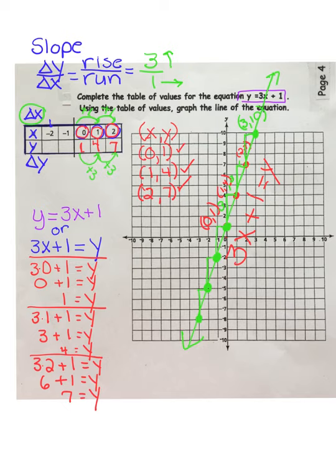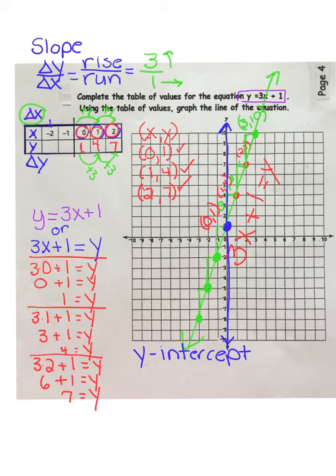Let's finish up by talking about a few important points to review. First of all, let's talk about the y-intercept. The location where this green line intersects with the y-axis.